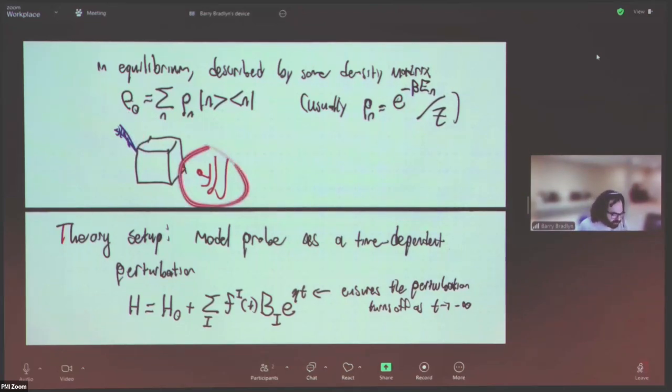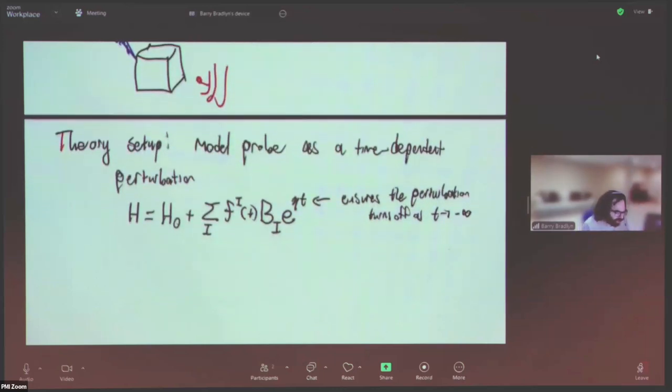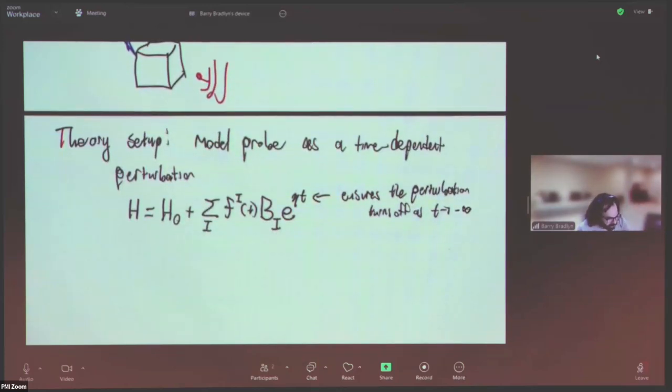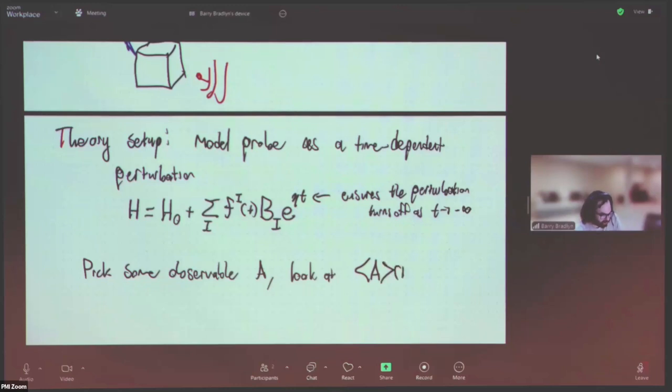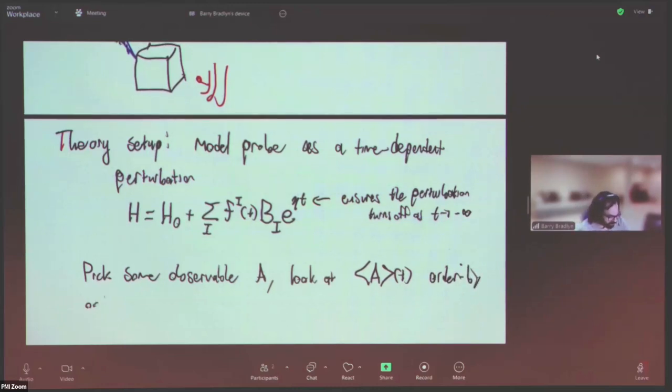Now we need to figure out what the system does. And to do that, we can pick some observable A, and look at how the average of A depends on time, order by order, in the perturbation.